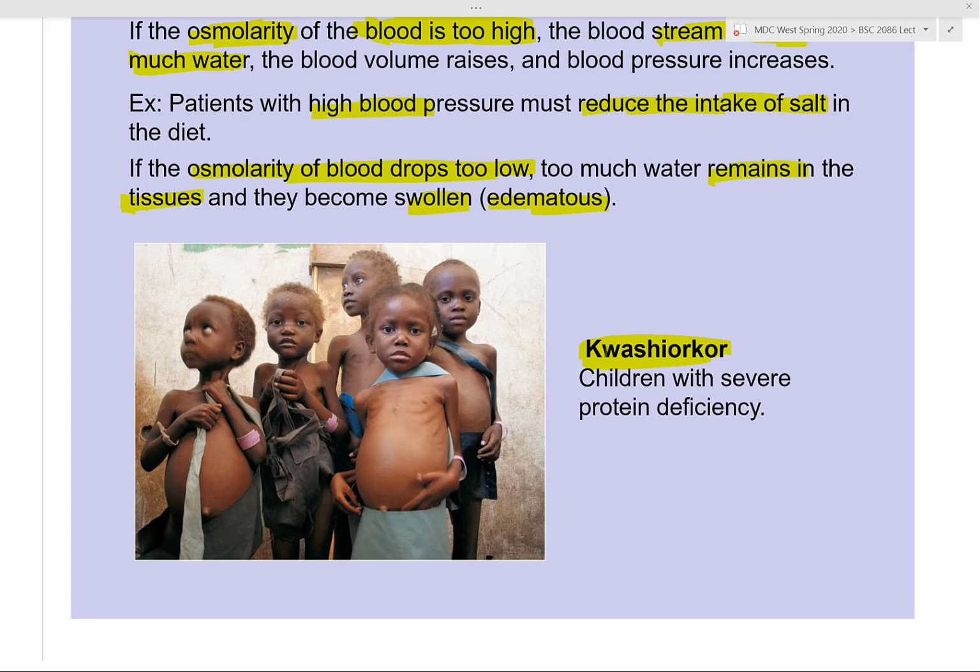Proteins in the diet. So the osmolarity is decreased, so almost all the water component of the blood, or the plasma, goes into the interstitium. So you see that they look like they're fat, but they're not. Just because they have big bellies doesn't mean they're fat. Yes? That's kwashiorkor.